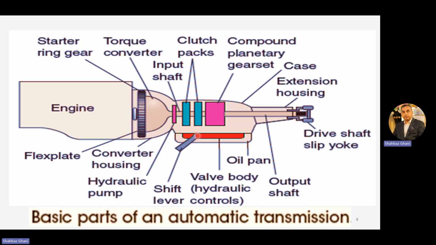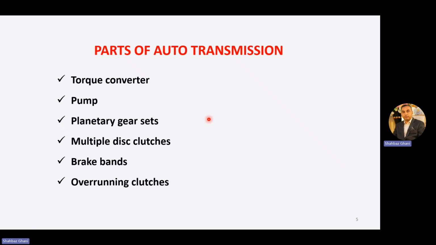So this is the basic layout of an automatic transmission of a vehicle. Now the major parts of an automatic transmission: the torque converter, the pump, planetary gear sets, multiple disc clutch, brake bands, and overrunning clutch. We will study all these in detail in our further slides.